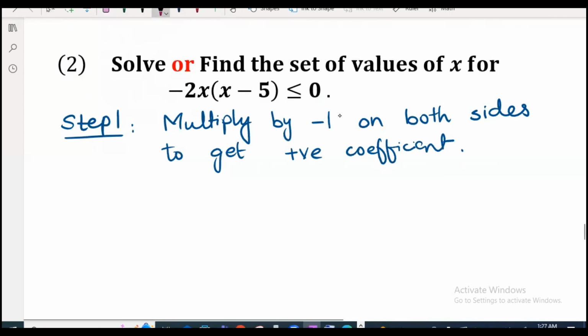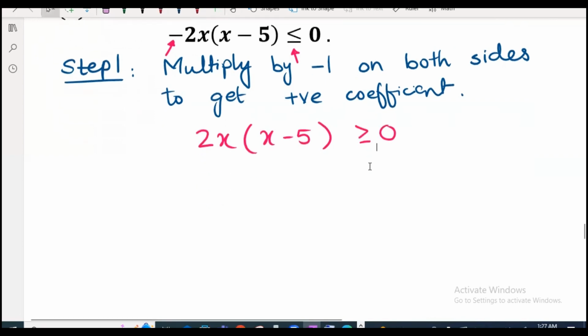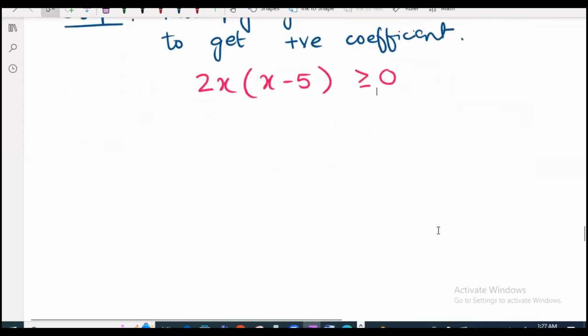If you multiply both the sides, the signs will be changed. This sign will be changed here, and this sign will be changed. So it will be 2x times x minus 5 greater than or equal to 0. Now step number 2.